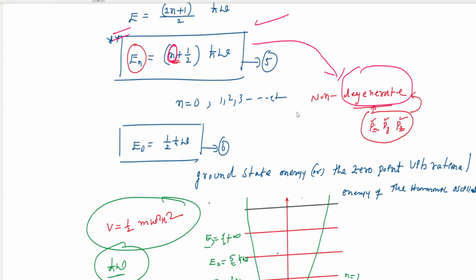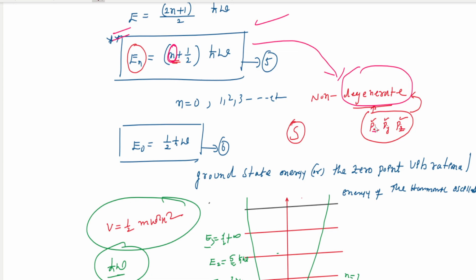In case a p orbital is there and an s orbital is there, the s orbital energy is non-degenerate energy, a non-degenerate energy level. What does non-degenerate energy level mean? Each energy state has only one wave function and one eigenvalue.